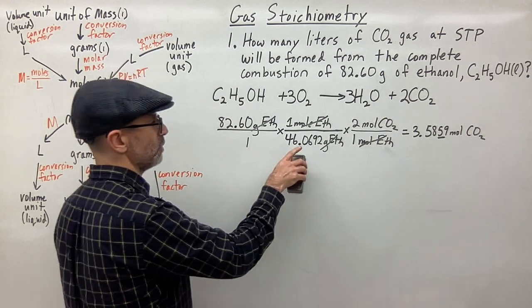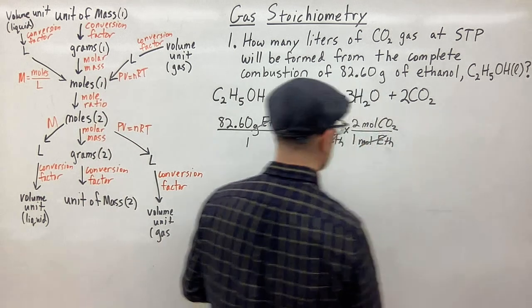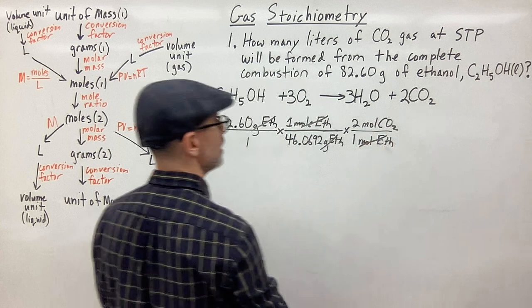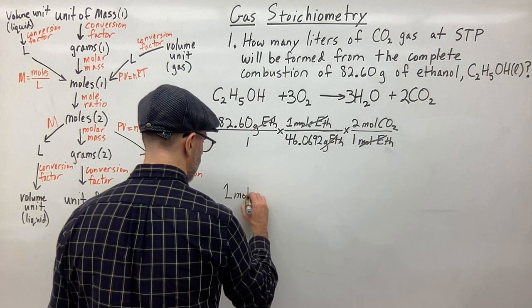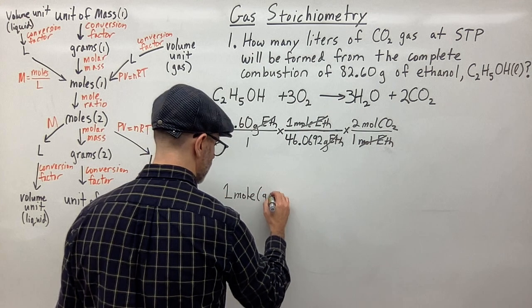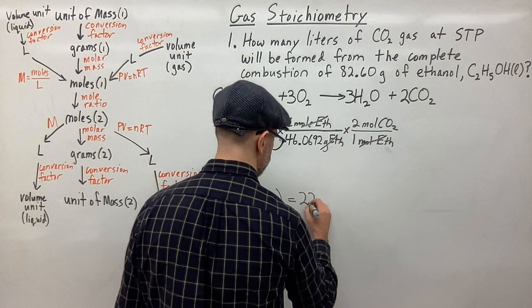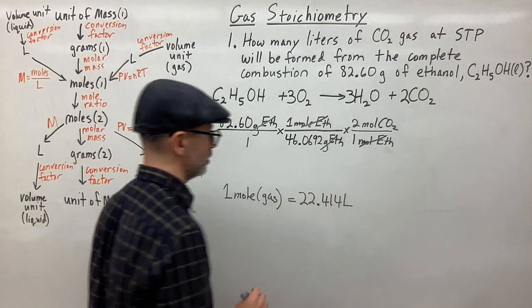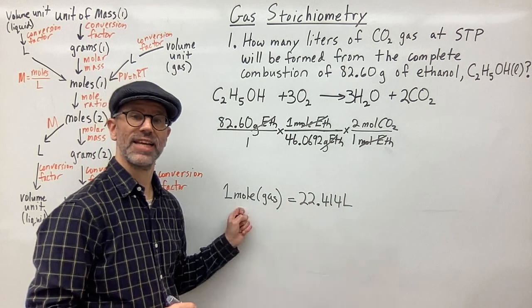So all of this is going to be the same, but now when I get here, I can use the fact that at STP, 1 mole of a gas is equal to 22.414 liters. Okay, so now I can use that as a conversion factor.